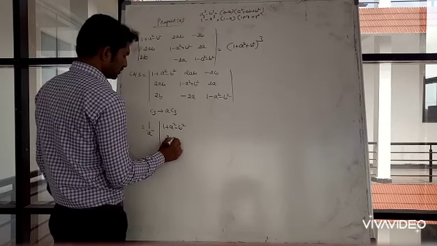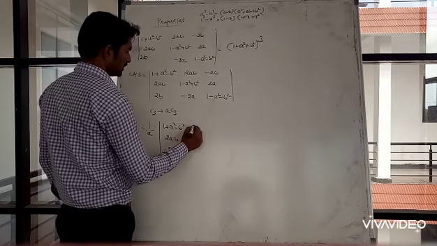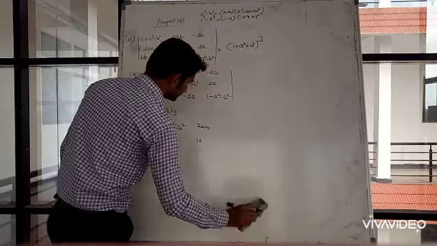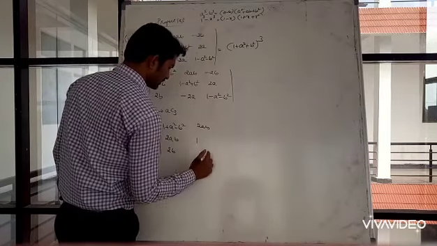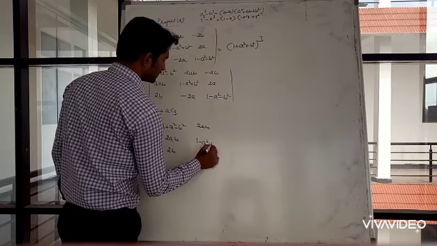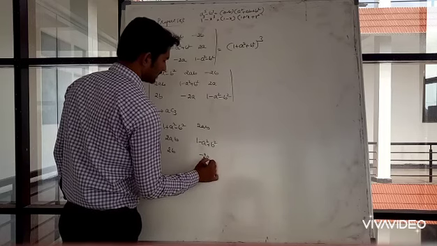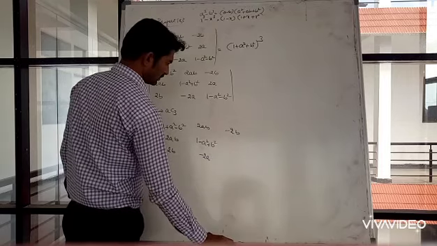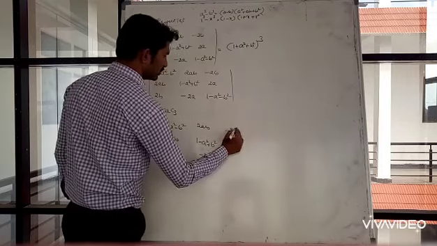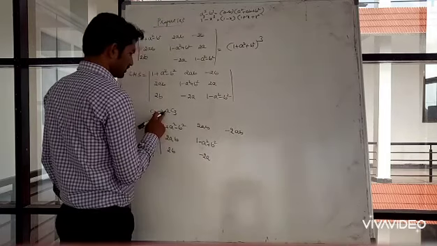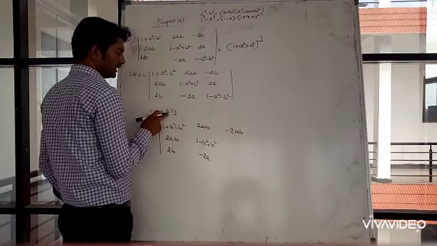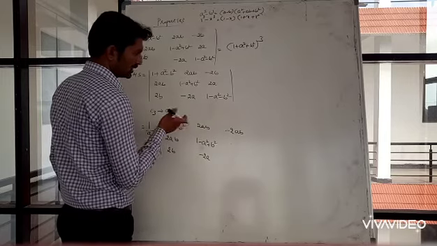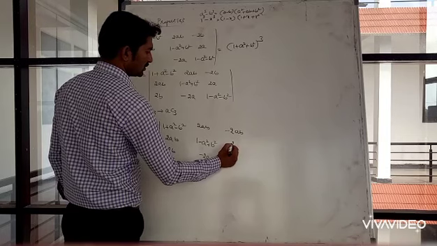First column as it is, 2a, 2b, then 2ab, 1 minus a square plus b square, minus 2a, then minus 2b. Multiplying here means 2ab, it is a product. C3 is multiplied by a and it is divided by a. So same number again.